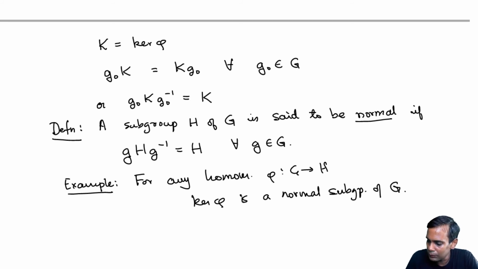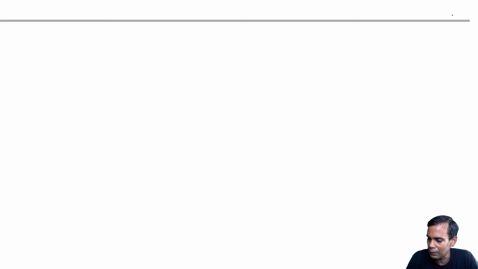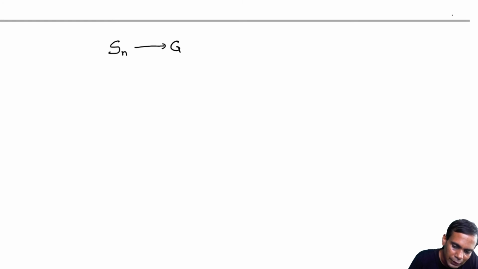Let's look at a somewhat more specific example. In one of the earlier lectures we saw that there's a homomorphism from the symmetric group Sn into the matrix group GLn of invertible n by n matrices with, say, entries in the real numbers.